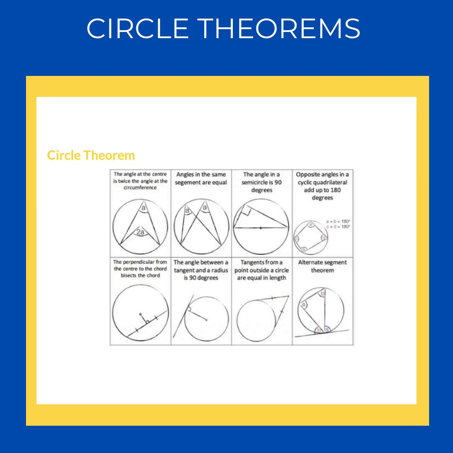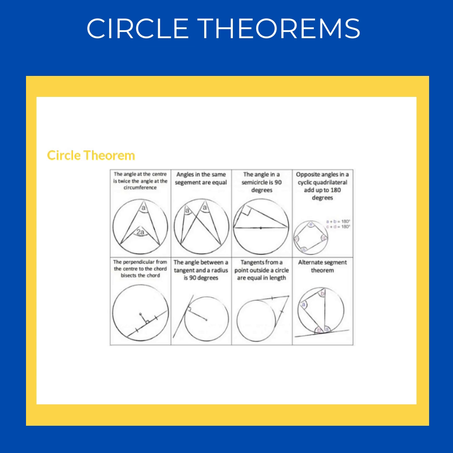These two tangents are equal. The last one is called the alternate segment theorem, which is basically if you have a triangle inside a circle, this angle here, which is A, is equal to this angle, and this angle here, which is B, is equal to the angle B inside the triangle.